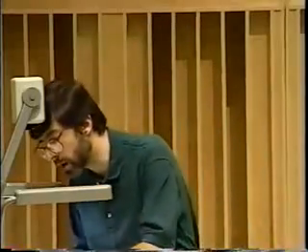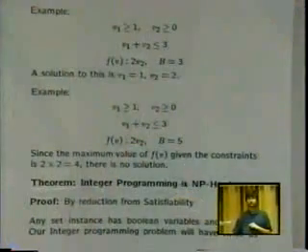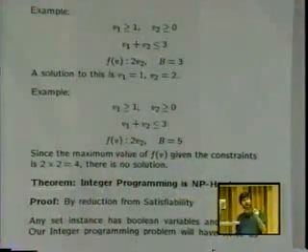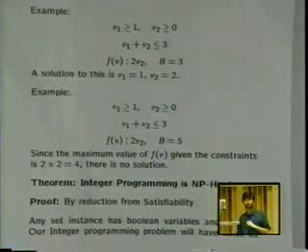What is the principle here? Every one of these constraints has to be satisfied. In order to solve it, you have to find a set of variables that satisfies all these constraints. That should sound a lot like the satisfiability problem. What is the satisfiability problem?